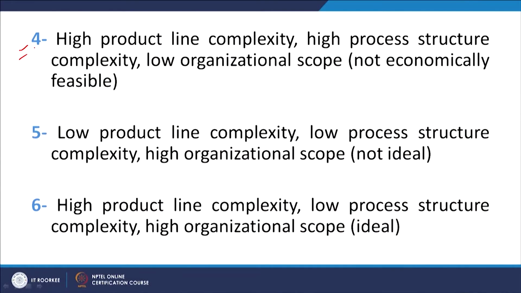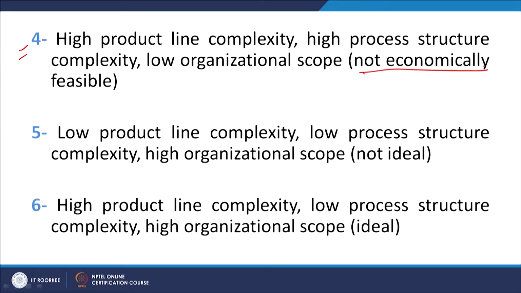Then the fourth one is high product line complexity. So, you have a wide product mix and high process structure complexity. Now, high process structure complexity says that for each of these products in your product mix, you are going to achieve a mature product process.